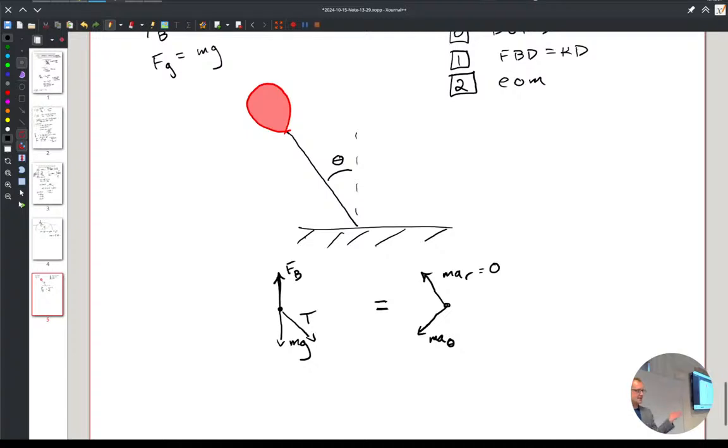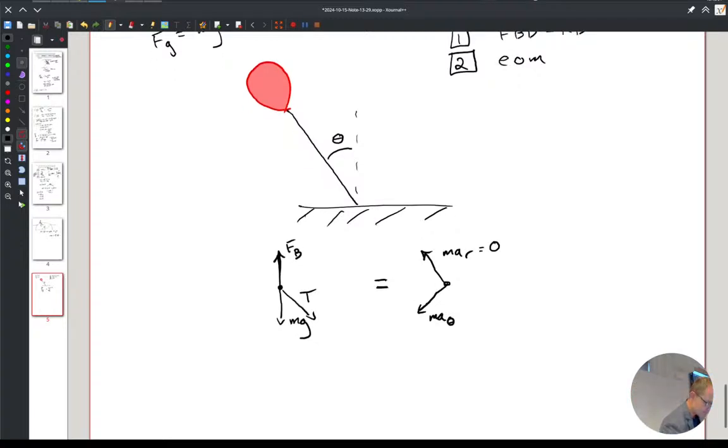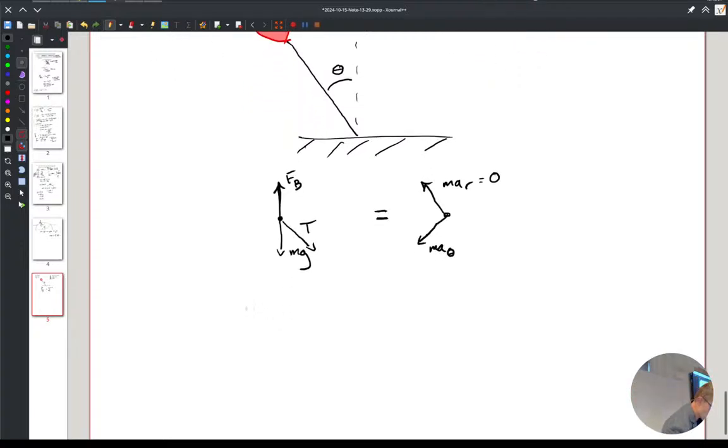So 90 degrees to that a_r is the a_theta term. Do I want to say it's equal to 0? It's not really fair to say r double dot is 0.